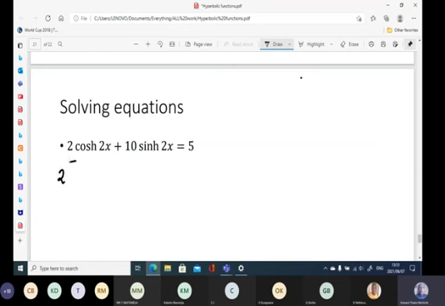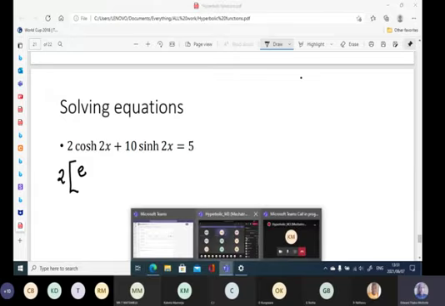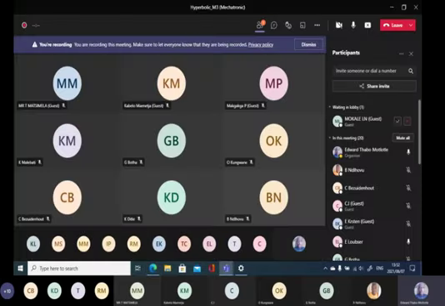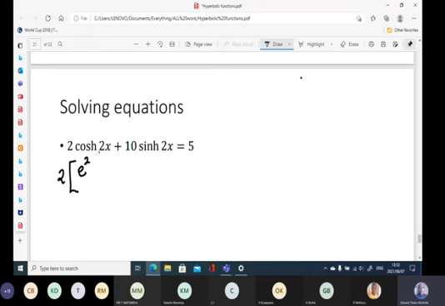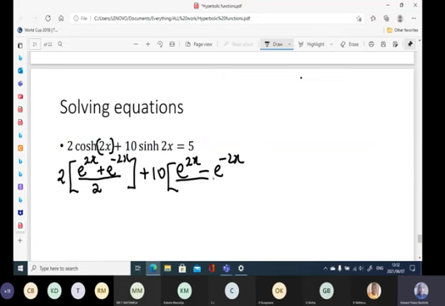So this is 2 e to the power 2x plus e to the power minus 2x all over 2, plus 10 e to the power 2x minus e to the power minus 2x all over 2 equals 5.